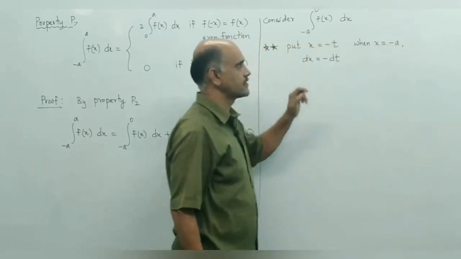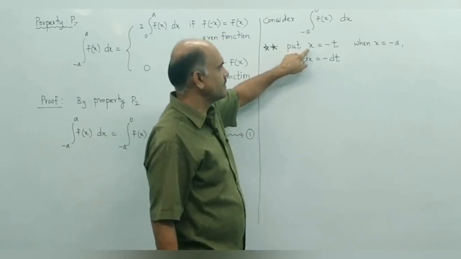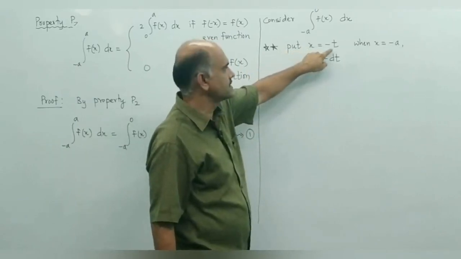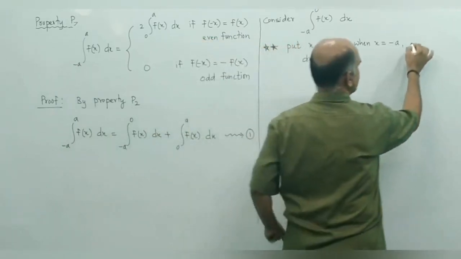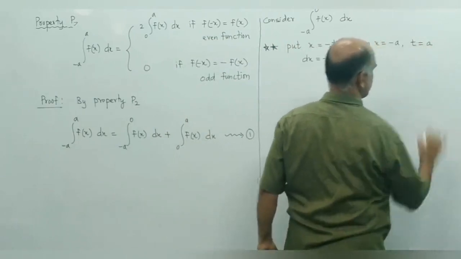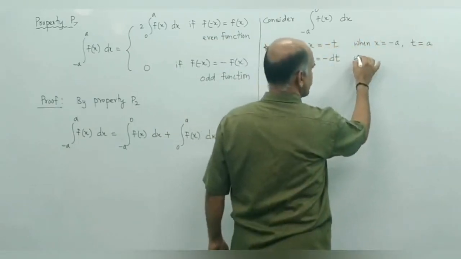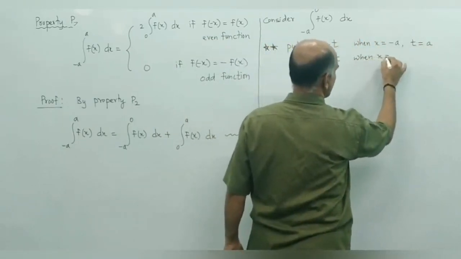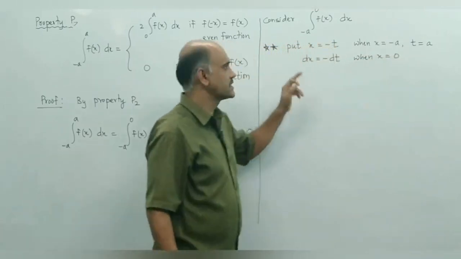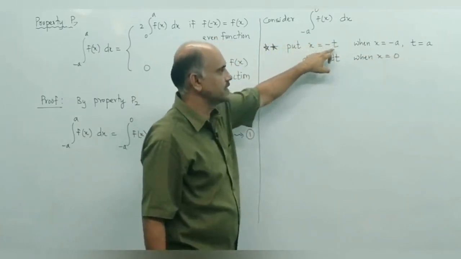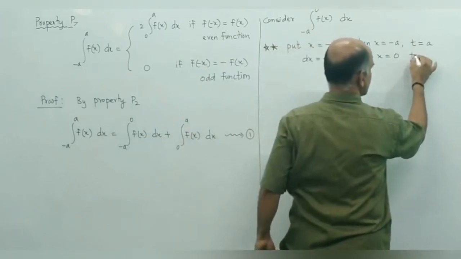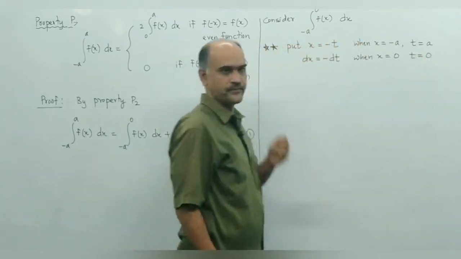When x is equal to minus a, if I put minus a equal to minus t, you will get t is equal to a. When x is equal to 0, t also becomes 0, so t is equal to 0.